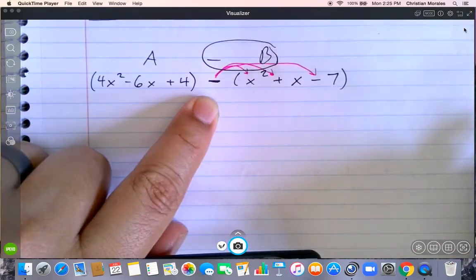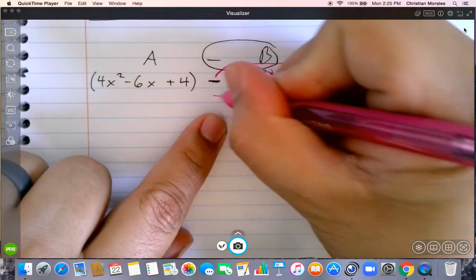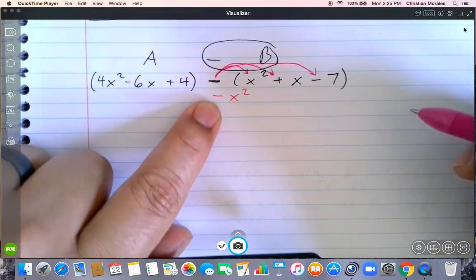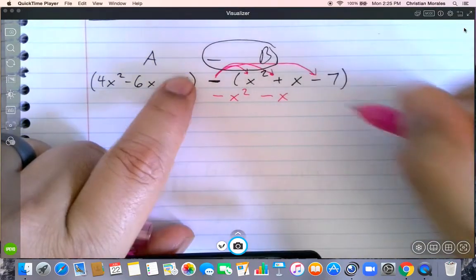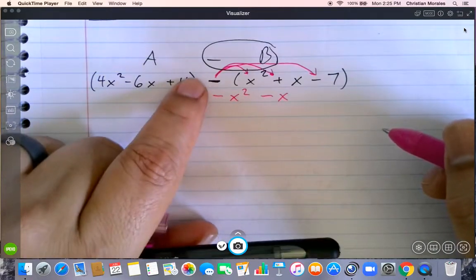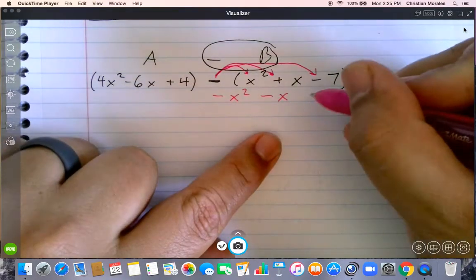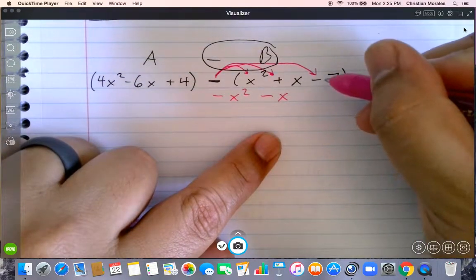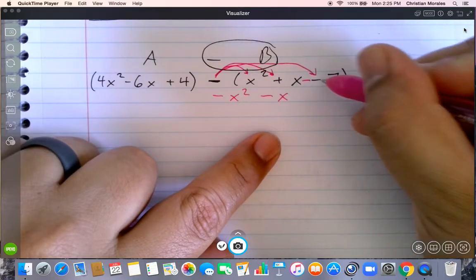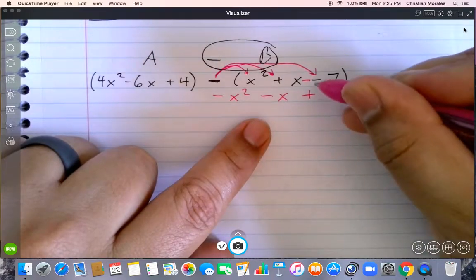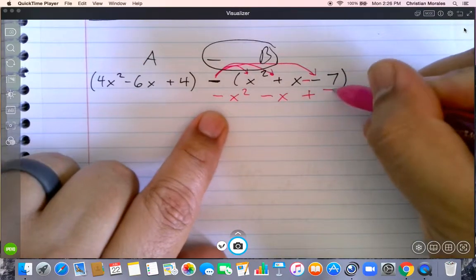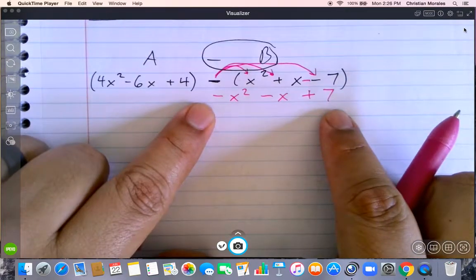Distribute the sign first. So we're going to be subtracting x squared, so you're going to treat it like a minus x squared. You're going to be subtracting x, so treat it like a minus x. And you're going to be subtracting negative 7. But wait a minute. What happens if you subtract a negative? It becomes positive. 2 negative signs together becomes positive. So this is how you're going to treat it.